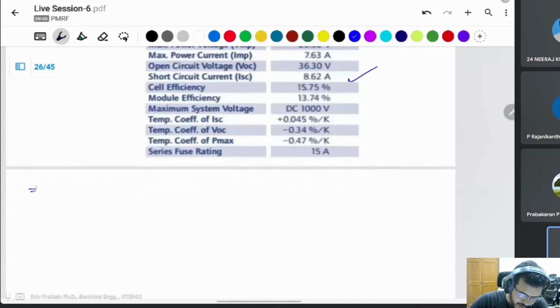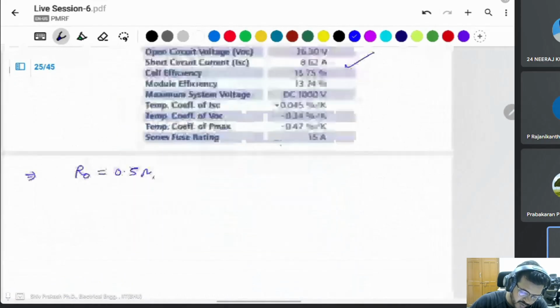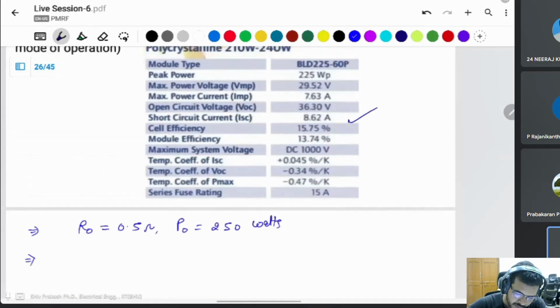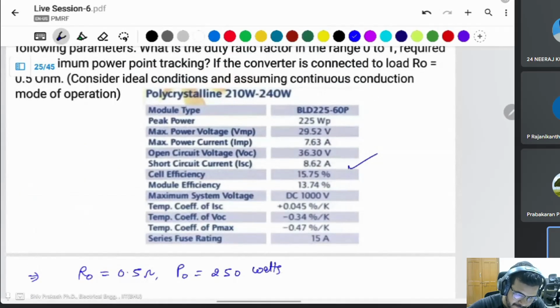R naught is given, 0.5 ohm, and power is also given, P naught 250 watts. From here, maximum power is given.